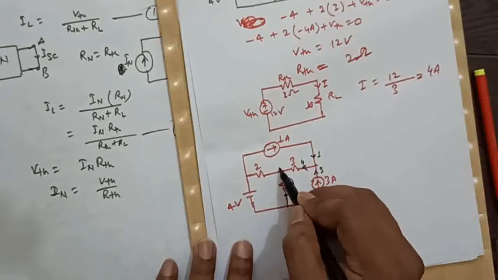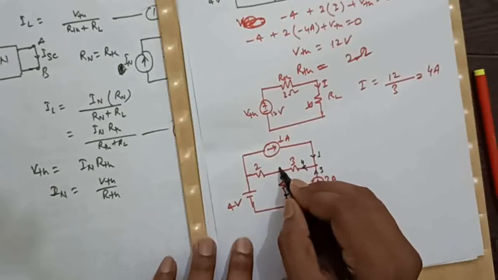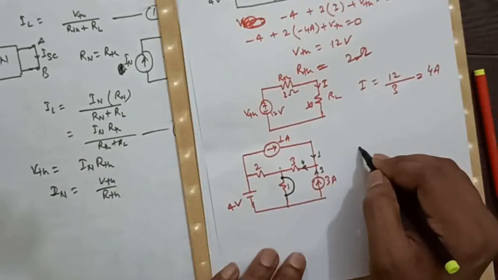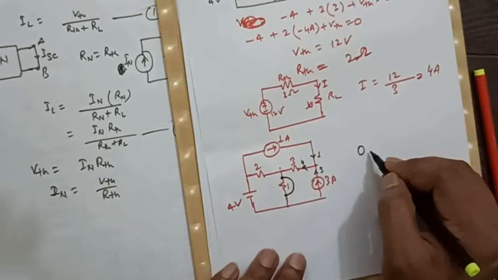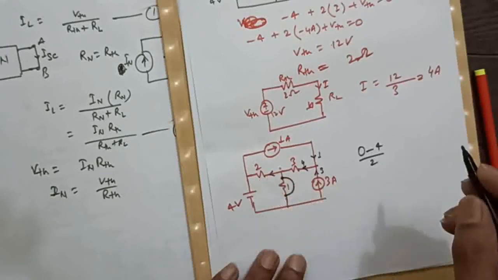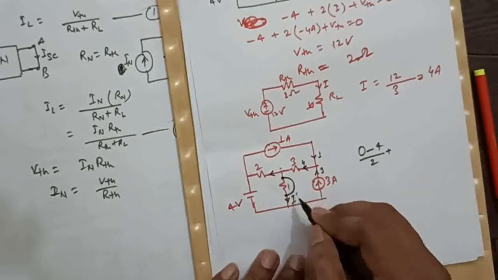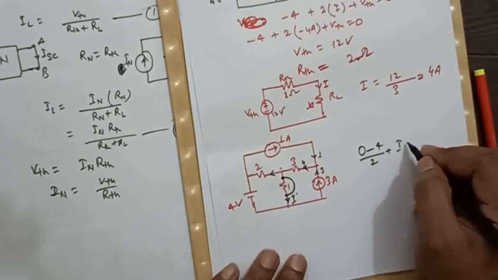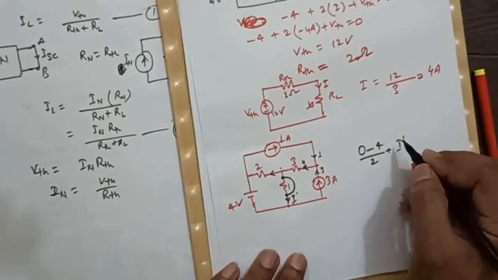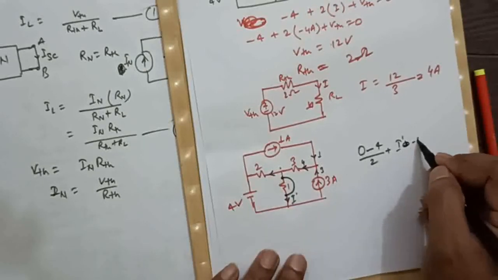Now apply nodal analysis here. After short circuiting this, here the node voltage will be the reference voltage, let us say 0. So after applying nodal analysis here, 0 minus 4 by 2, that is this current, plus if this is I dash, so it will be I dash, and this 4 is entering, so we have to write it negative.